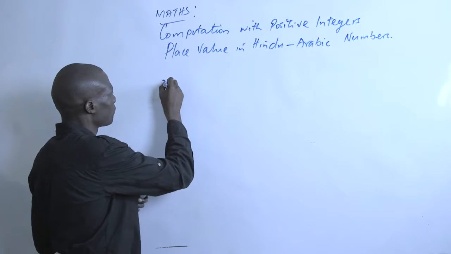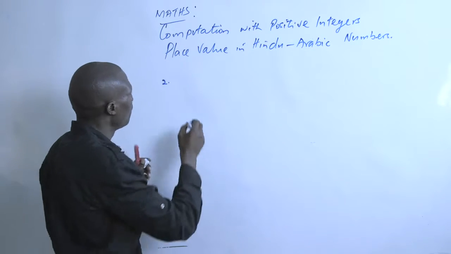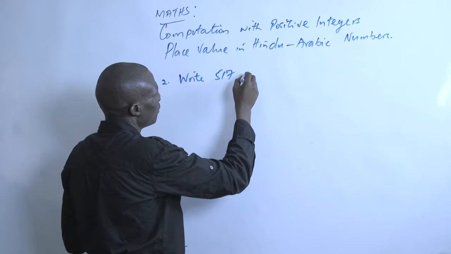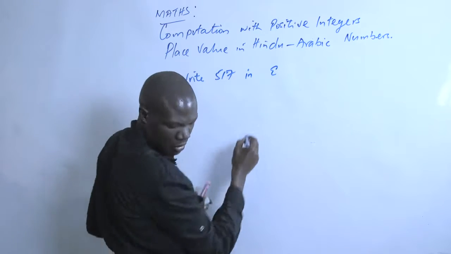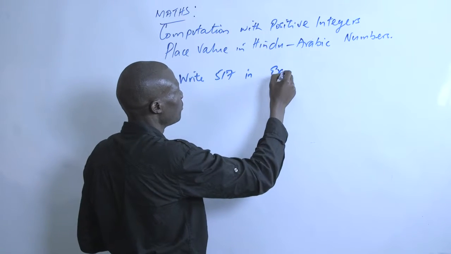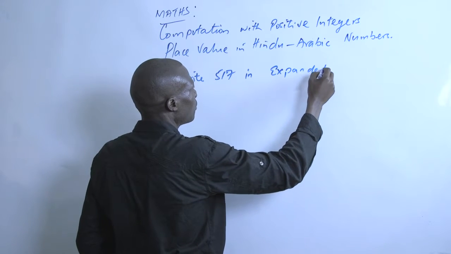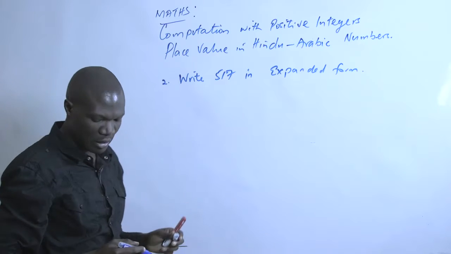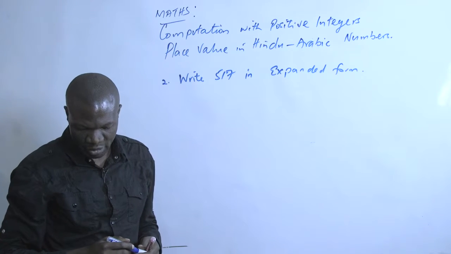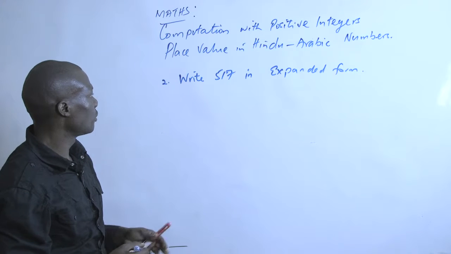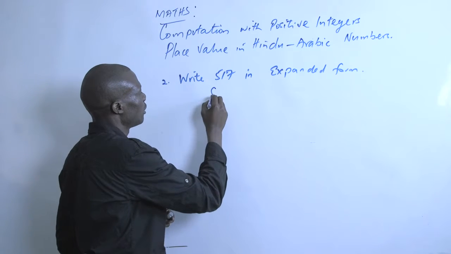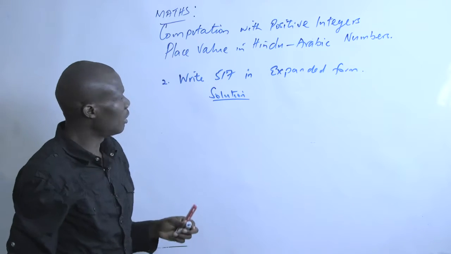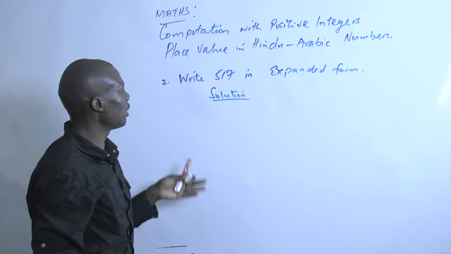Second question, write 517 in expanded form. Our solution, we shall identify the position and its values.